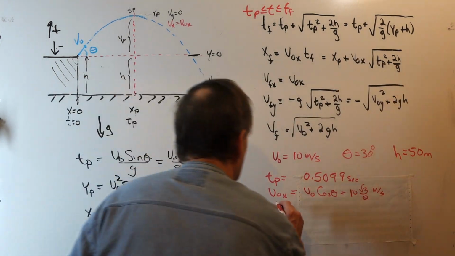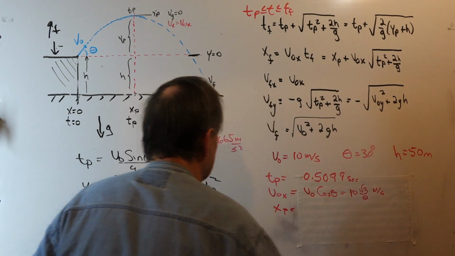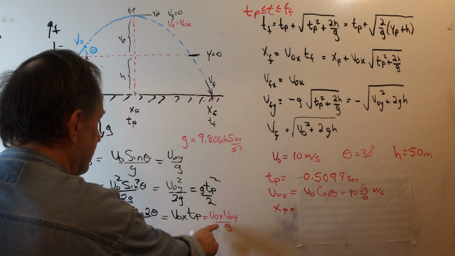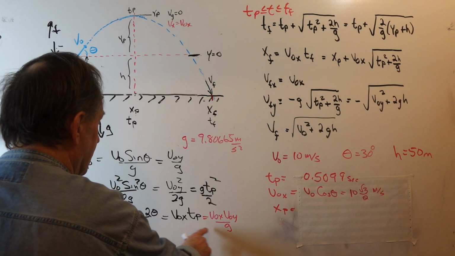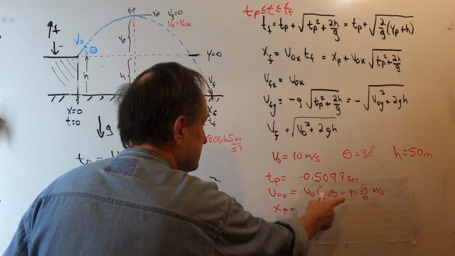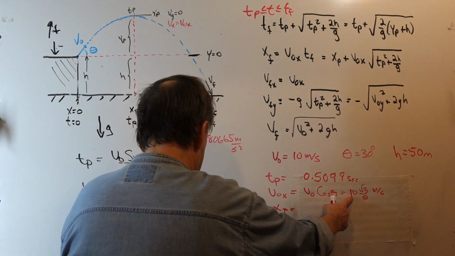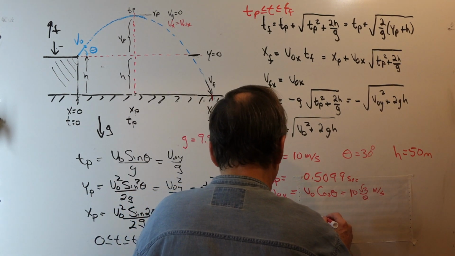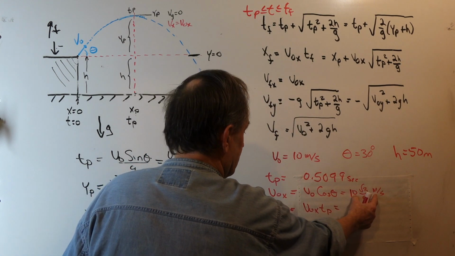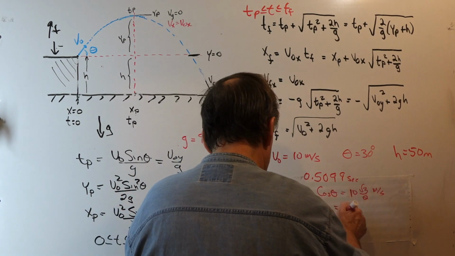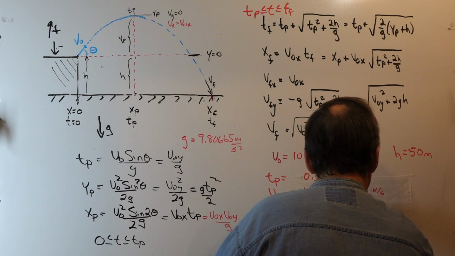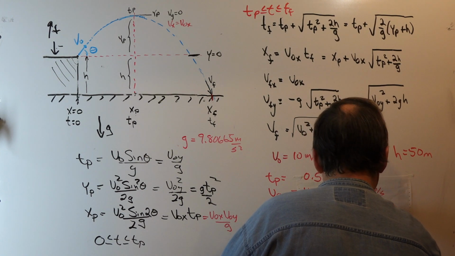How far does it travel in the x direction when it gets to the peak? Well, x peak is just v0x times v0y divided by g, or just v0x times t peak. There's our v0x, here's our time to the peak. We multiply those together and we get 4.4155 meters.